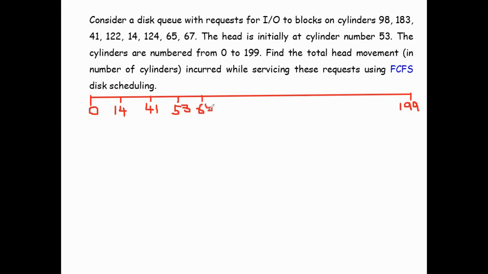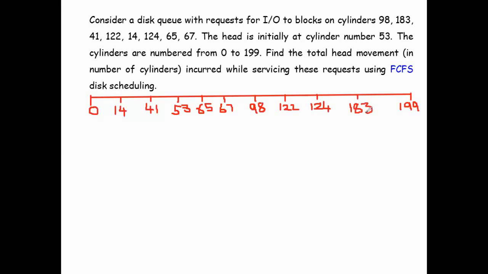Then 67 is represented. After 67, 98. After 98, 122. After 122, 124. And after 124, 183 is represented in the number line. This is the way how to arrange the given cylinder numbers in ascending order in the number line.